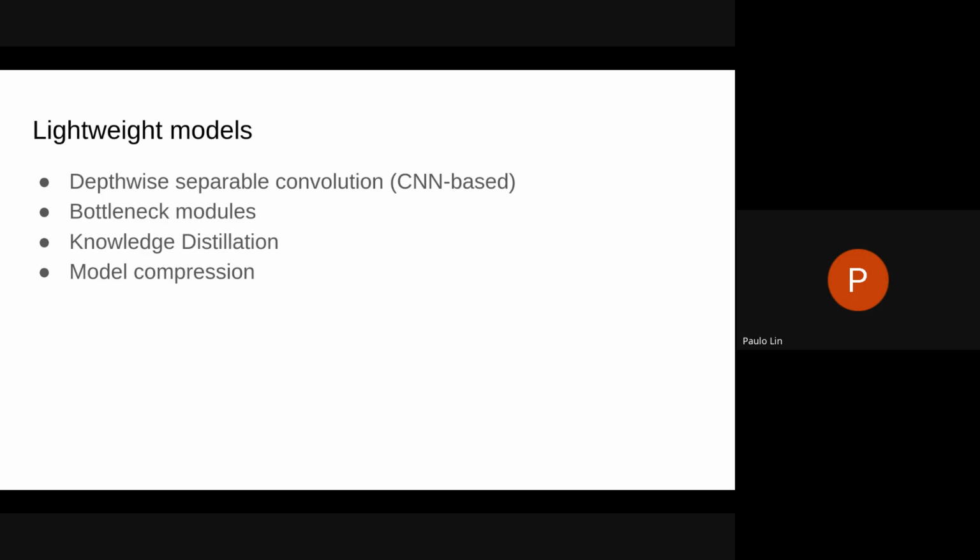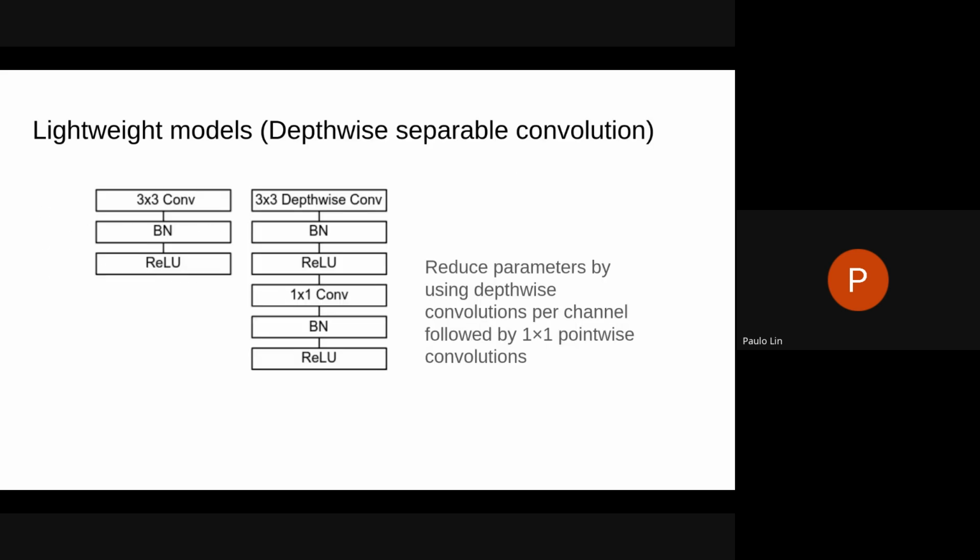The first one is very simple. It performs depthwise separable convolution, which replaces the full 3x3 convolution in ResNet blocks by using a 3x3 depthwise convolution followed by a 1x1 convolution. This reduces the number of parameters required to perform convolution within the ResNet architecture.